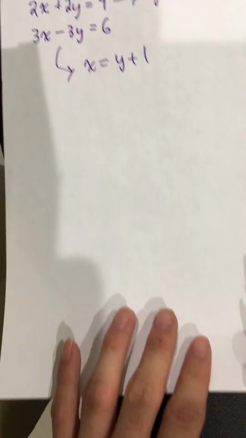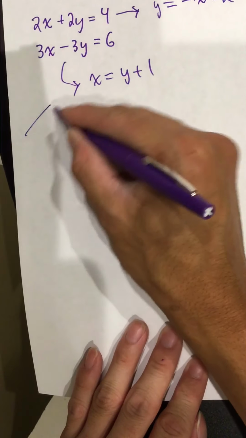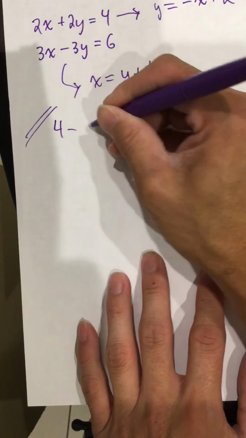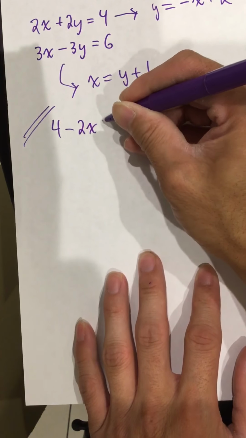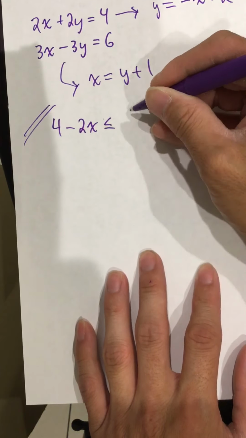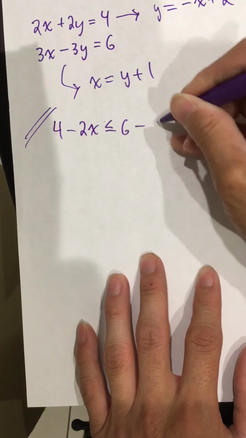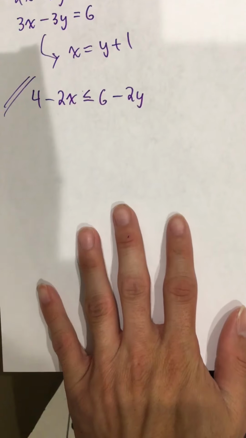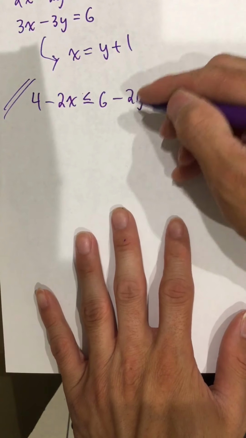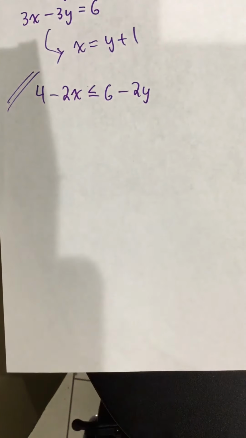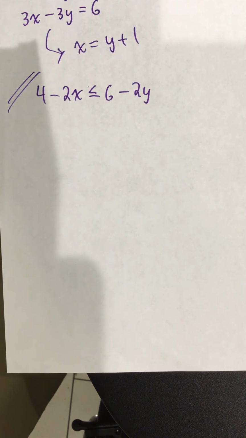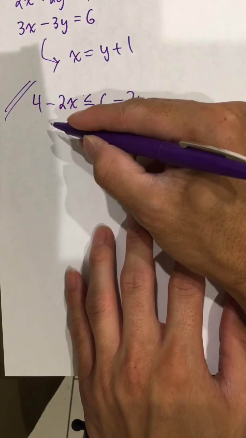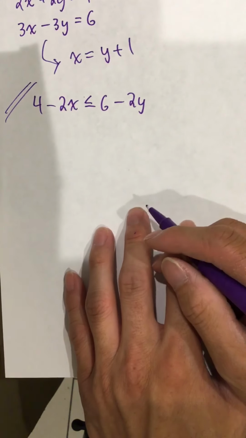So as another example, I'm going to write the inequality 4 minus 2x is less than or equal to 6 minus 2y. The question would be something like, maybe graph this inequality. And naturally you'd want to solve for y. A lot of students might say, oh, well, let's just subtract 6 and then divide everything by negative 2.